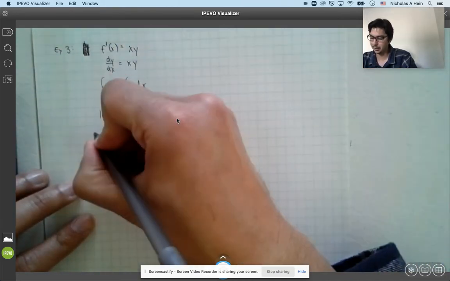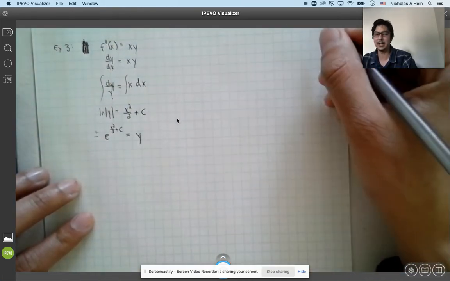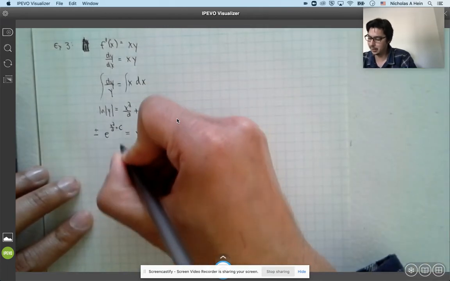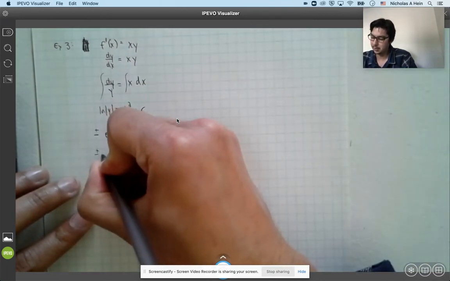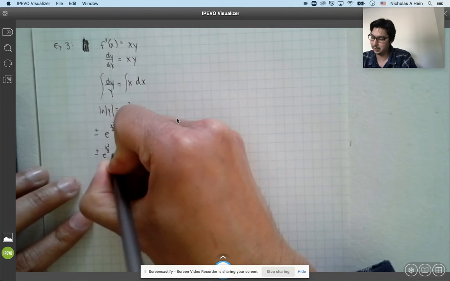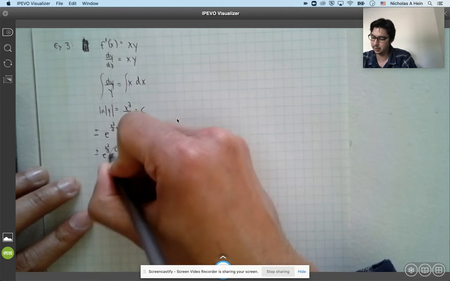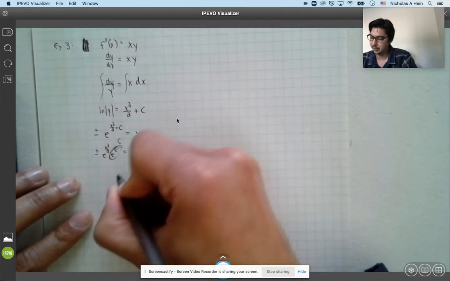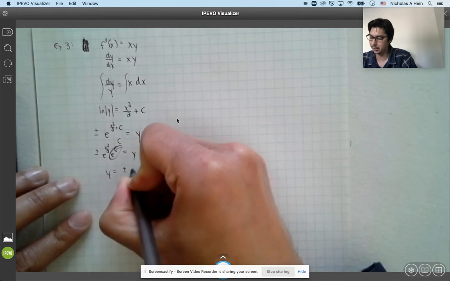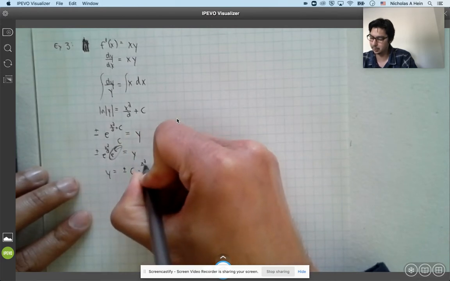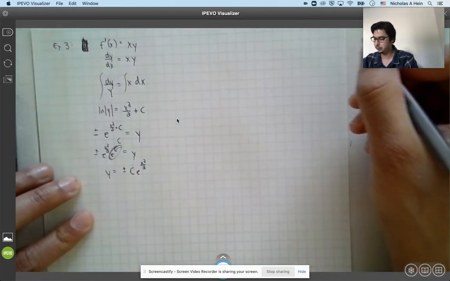And technically the plus or minus there when we get rid of the absolute value. And thus, if I rewrite this as e to the x squared over 2 times e to the c, I'll call all this just a constant c, and rewrite my final answer as y equals plus or minus c e to the x squared over 2. Good.